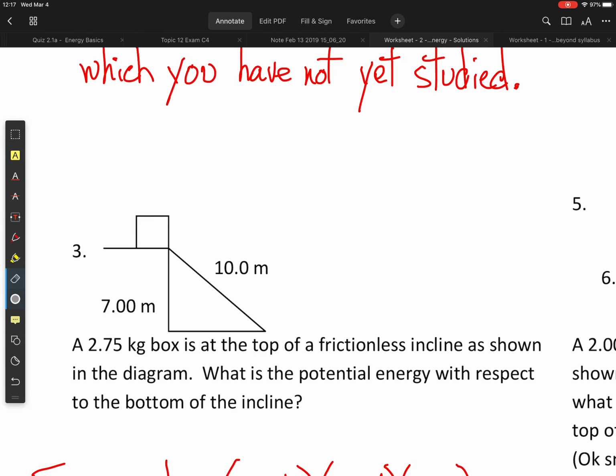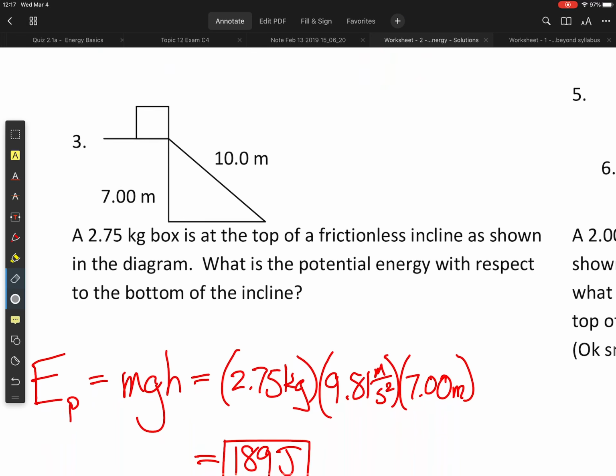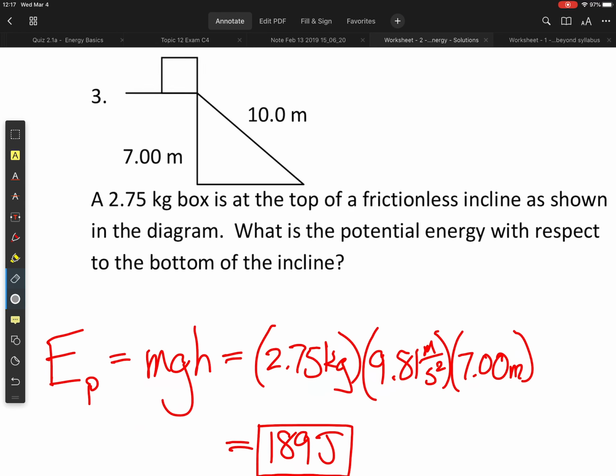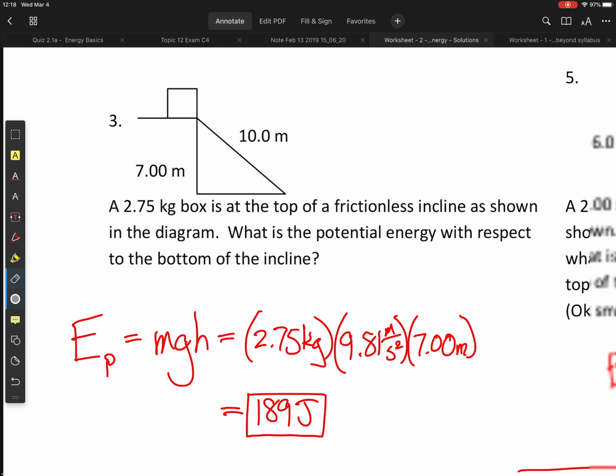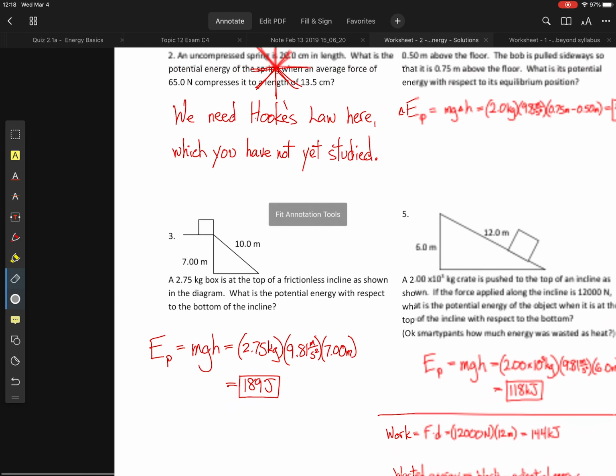The 10 meters would be the length of the incline, but we're given the height of the incline as 7 meters, and that is the value that we're going to need. So once again, we do potential energy as given by mass times gravitational acceleration times height, and plug in our values as needed, and we get 189 joules with 3 significant figures.